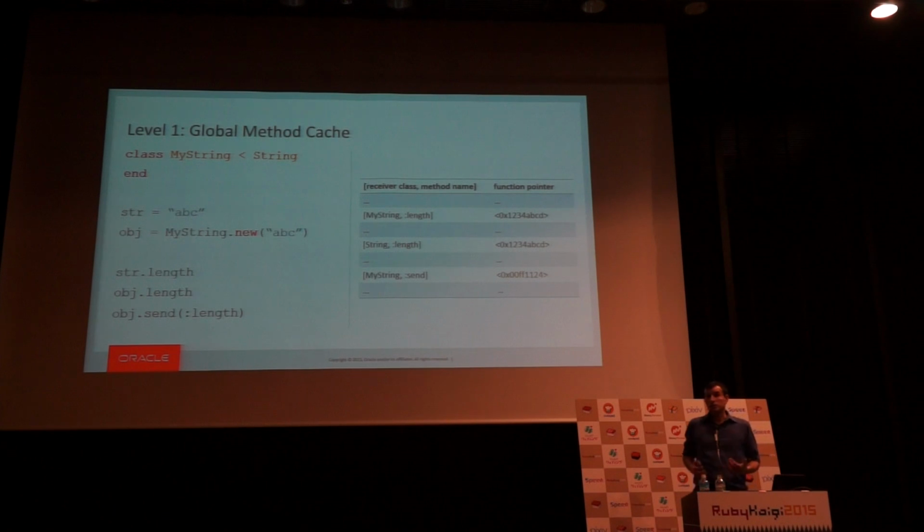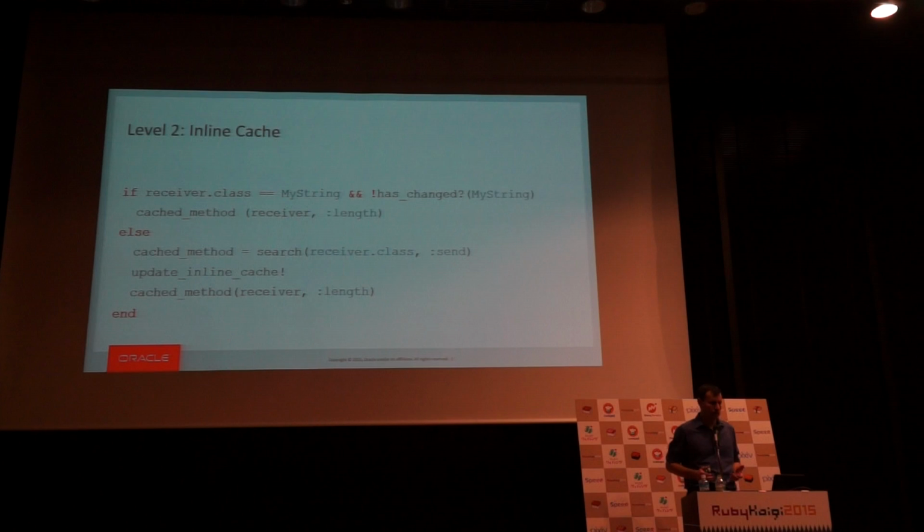The solution for this is to localize your caches. So we have this thing called an inline cache. And I have basically a kind of weird pseudocode Ruby thing here to help illustrate the point. At a call site, when we call a method, what we want to do is store that cached method pointer right with the call site.